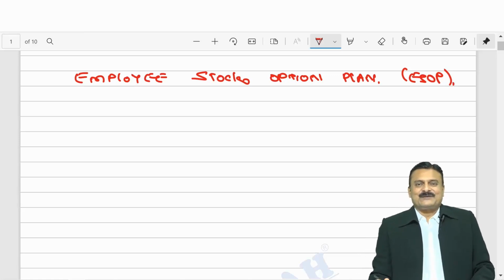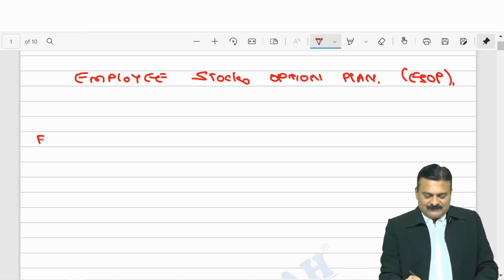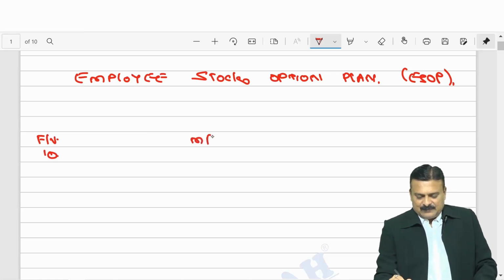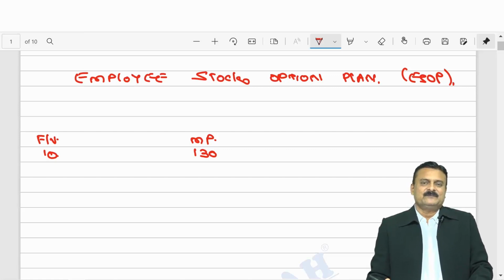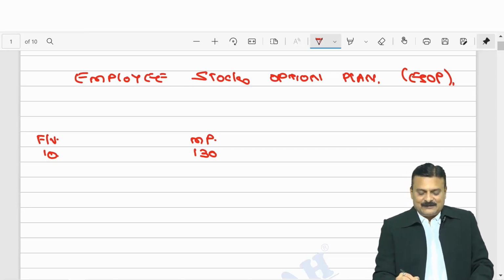Employee benefit expense. You are the company, your equity shares have a face value of 10. At present, the market value going on is 130. Under the ESOP scheme or plan, you are offering to your employees, subject to certain conditions depending on the employment agreement: dear employees, we will issue you our company shares of 10 at 130.